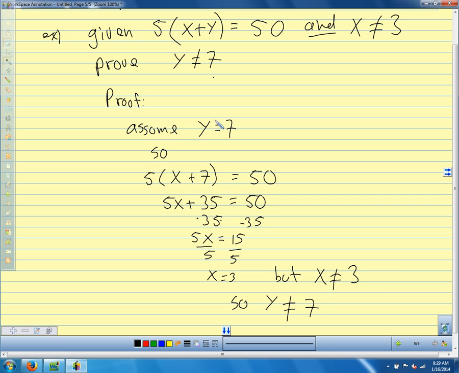If y equals 7, then x equals 3. But we were told that x does not equal 3. So y equals 7 can't be true, so y can't equal 7. So that's our indirect proof. We assume the opposite of what we wanted to prove, show that that leads to a contradiction. So that means what we were trying to prove has to be true.